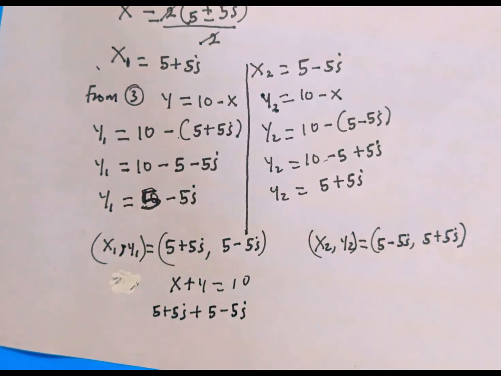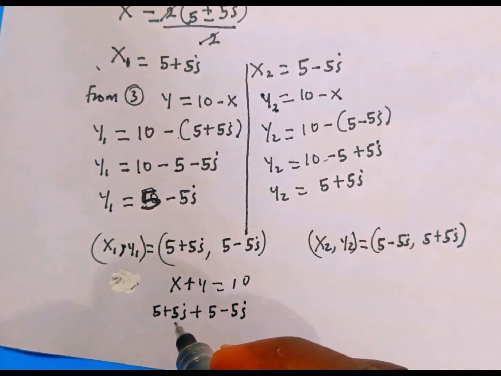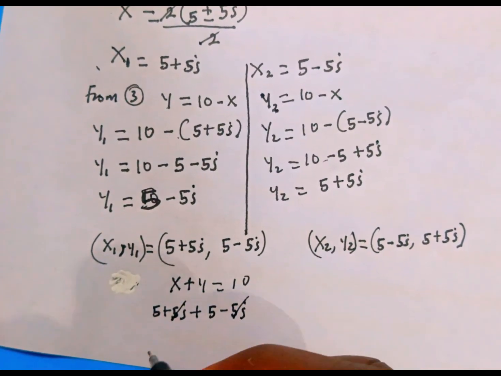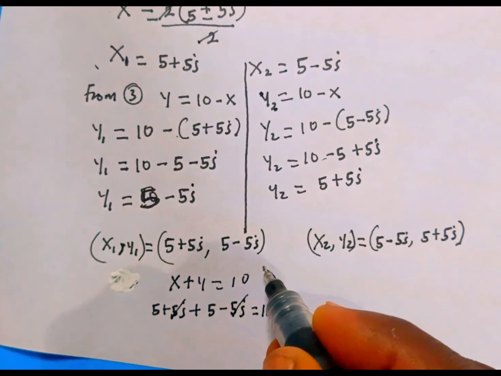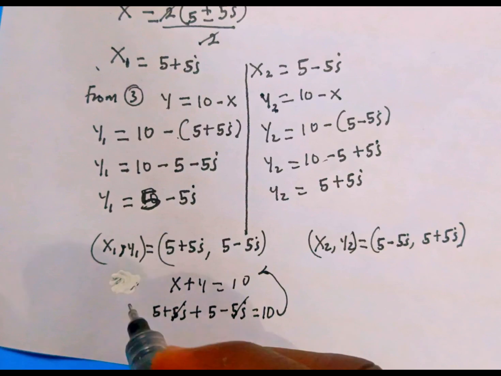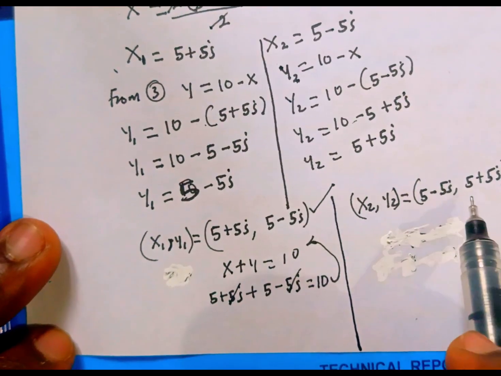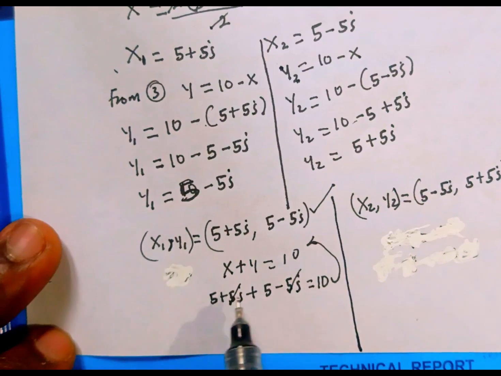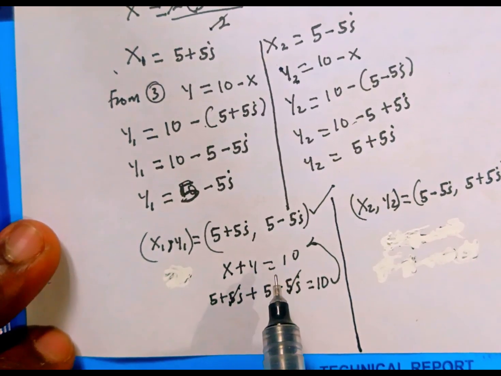We're going to add these two and see whether it gives us 10. As you can see, this is negative 5i and positive 5i. This and this is going to cancel. Then 5 plus 5 gives us 10. So therefore, x1, y1 satisfy the equation. And also, if we substitute x2, y2 into this original equation, you are going to see that the left hand side also will be the same as the right hand side.